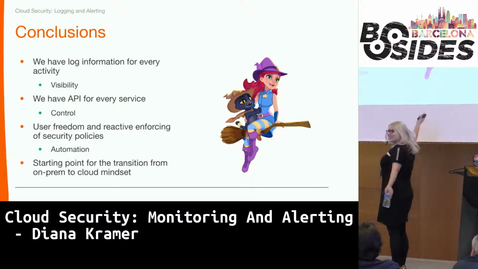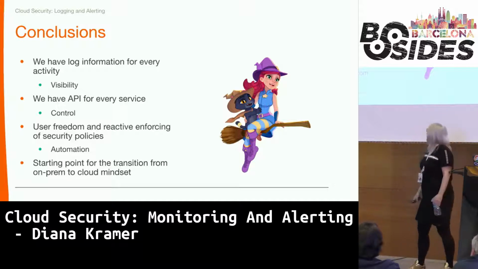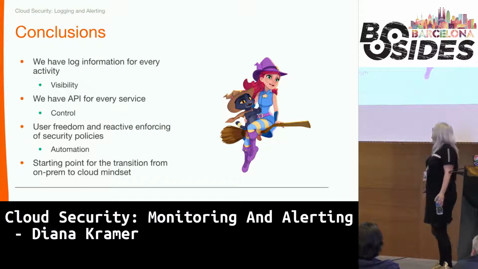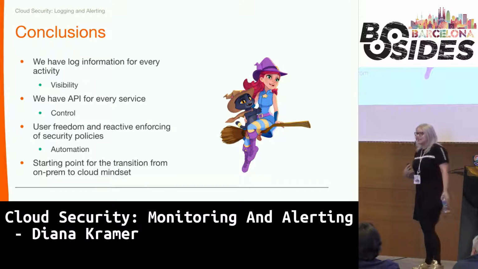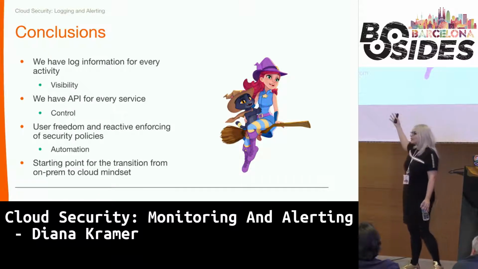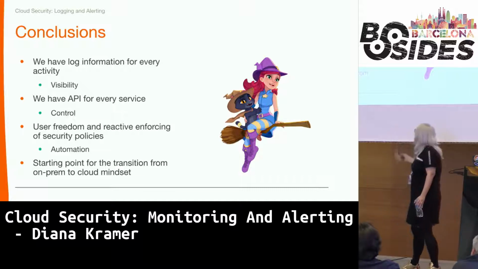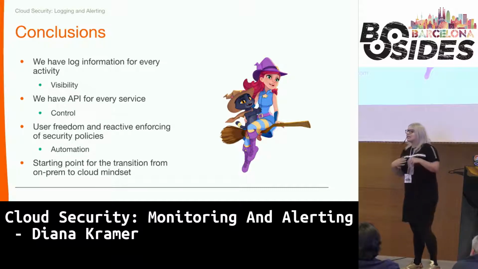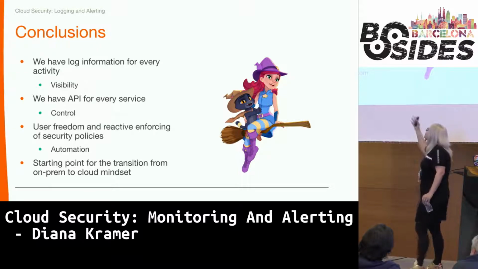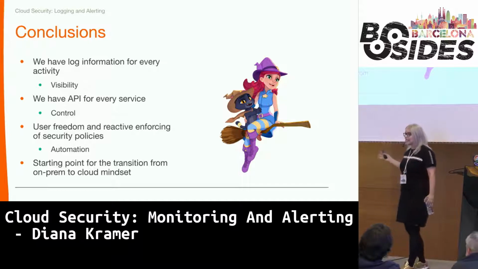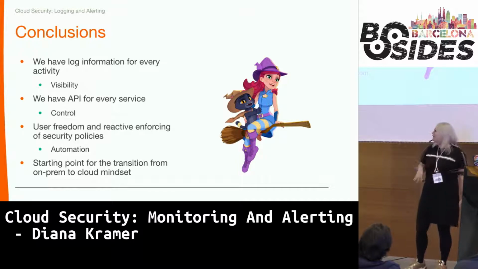And with this, we go to the conclusions. The idea we started with is that we don't feel comfortable going to the cloud because we have no visibility, but we do have it because of the rich logging information. And then that we feel we were not in control because security controls are now distributed and managed by developers, but we do have control because we have APIs and we can do this centrally.